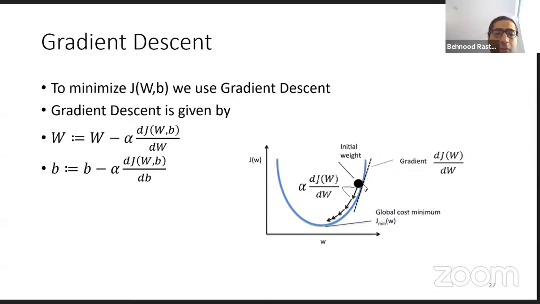In the case of minimizing, we multiply it by a small value alpha and subtract it, and we slowly move down the graph. After updating the value W, we continue the same procedure until we slowly converge to the minimum. That's basically how gradient descent works.